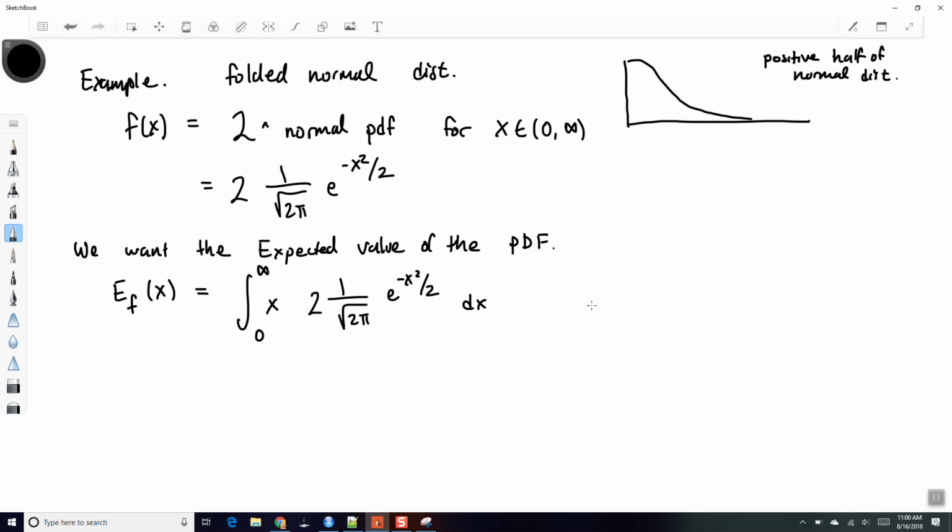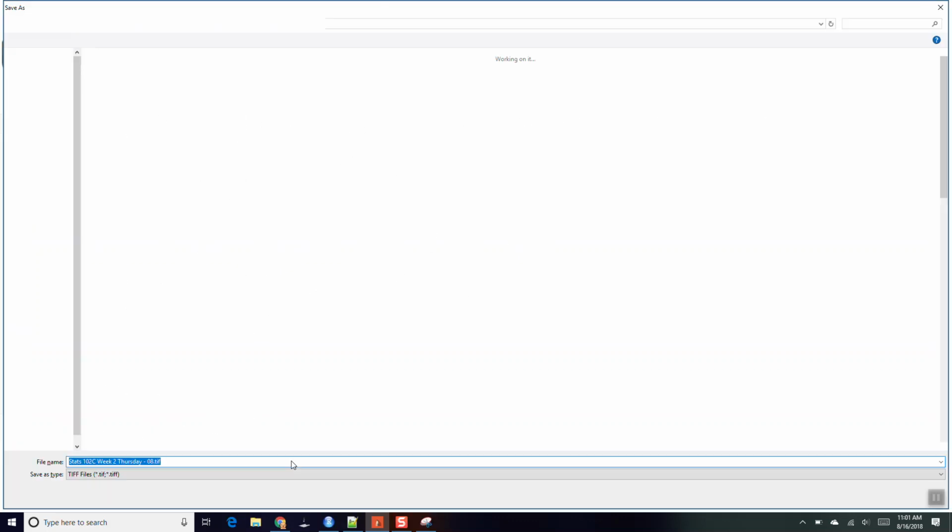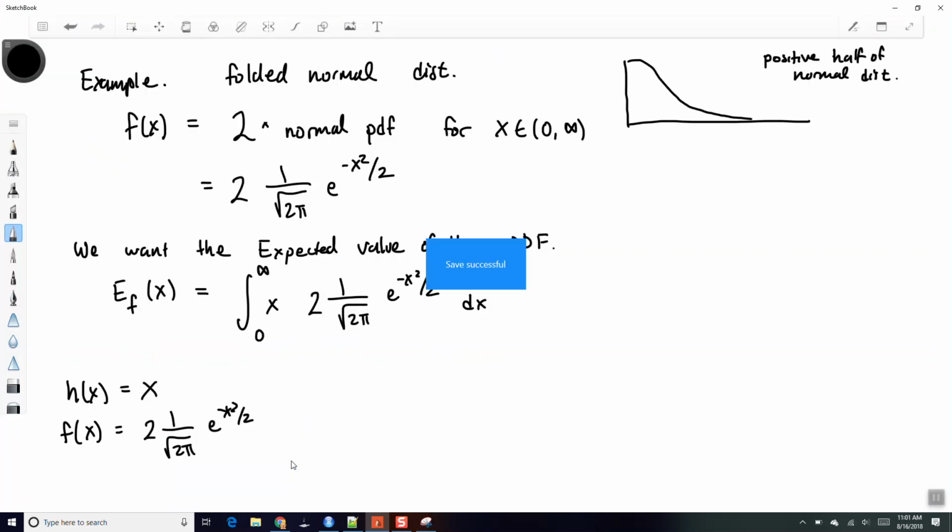So in this case, h of x is just x, and f of x is equal to 2 times 1 over root 2 pi e to the negative x squared over 2. All right, so this is a silly example because we are able to get values drawn from this, okay? It's a bit of a contrived example.